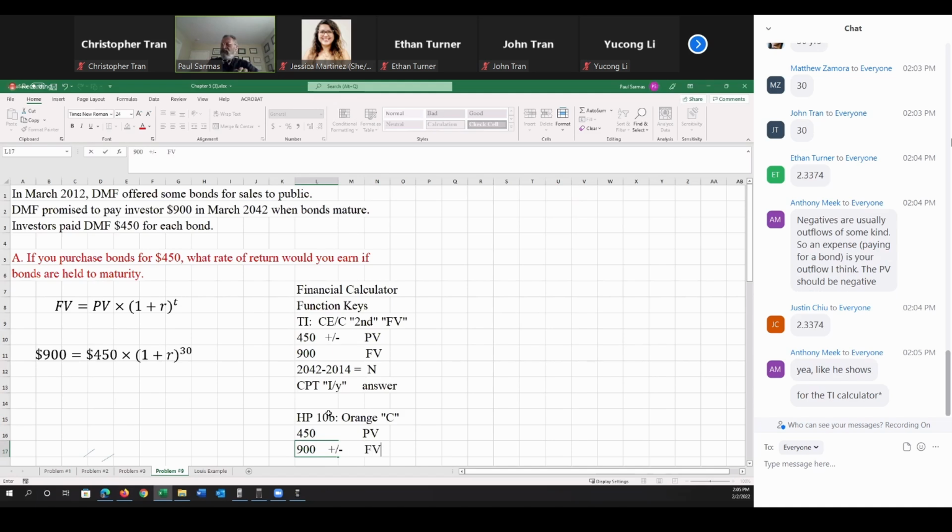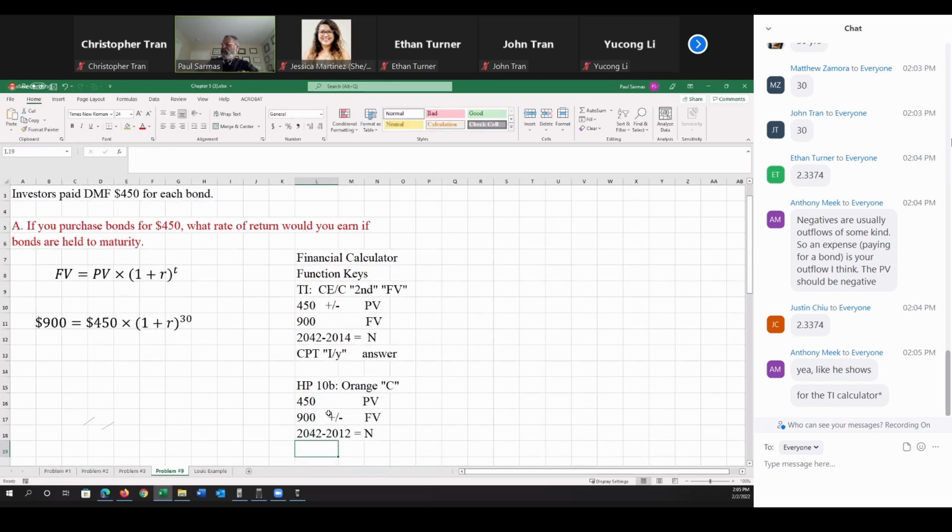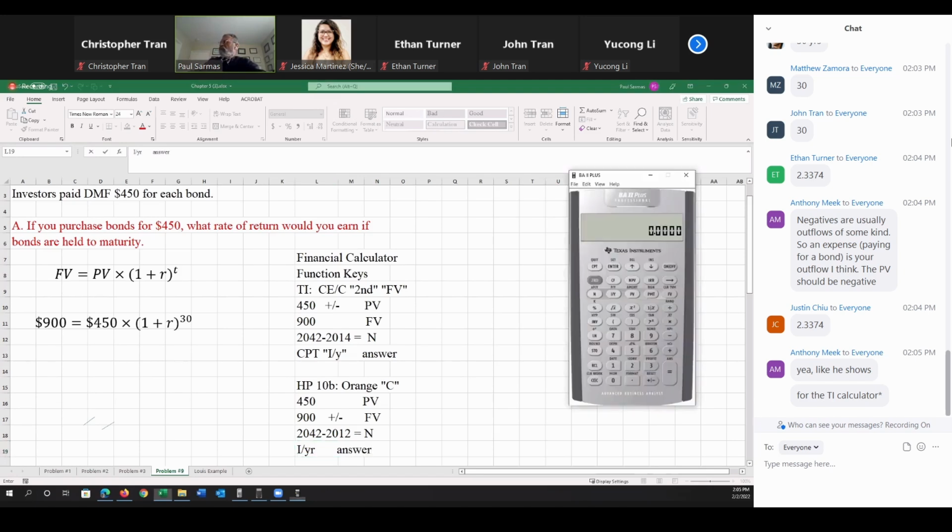That's your future value. Again, you do 2042 minus 2012, and you press N, and you don't have the compute key, so you press I/YR. Answer. So clear?